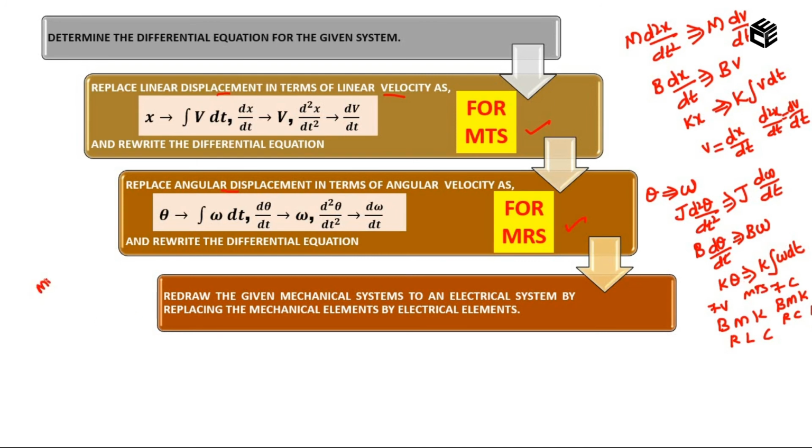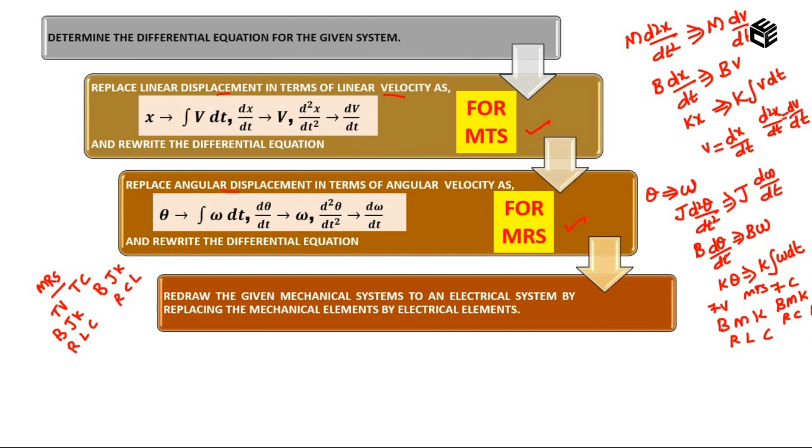For mechanical rotational system, for torque-voltage, BJK is replaced by RLC, and for torque-current, BJK is replaced by RCL. Understood? So we replace all the mechanical components with electrical components and redraw the mechanical system as an electrical system.